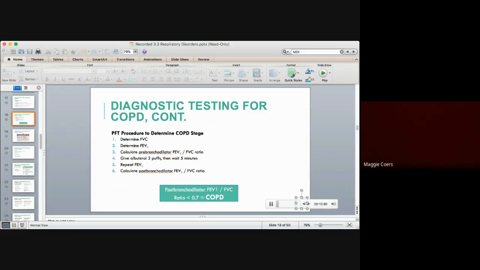So to diagnose COPD using these pulmonary function tests, the primary care provider or the respiratory therapist really has to follow a few steps. To calculate FVC, the patient takes a deep breath in with a mouthpiece, then you determine their pre-bronchodilator FEV1.